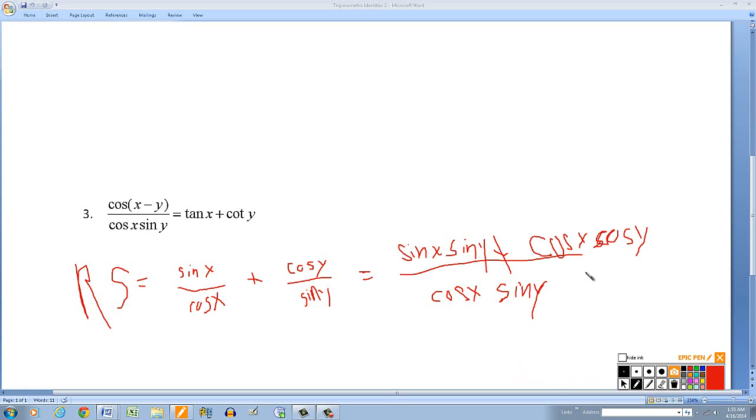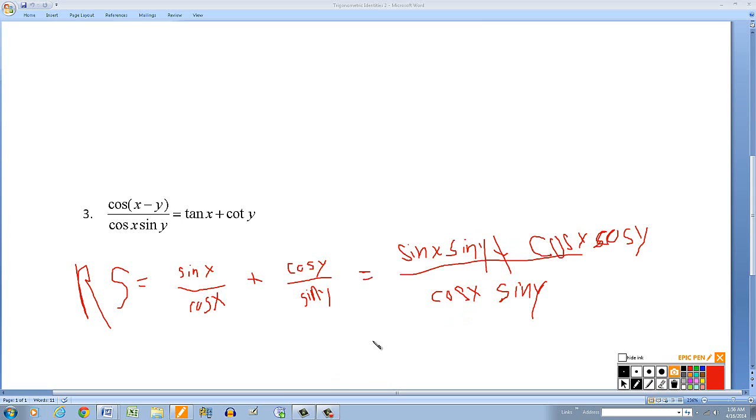Okay, so you can rewrite this and say the top part can be written as cosine of x cosine of y plus sine of x sine of y.